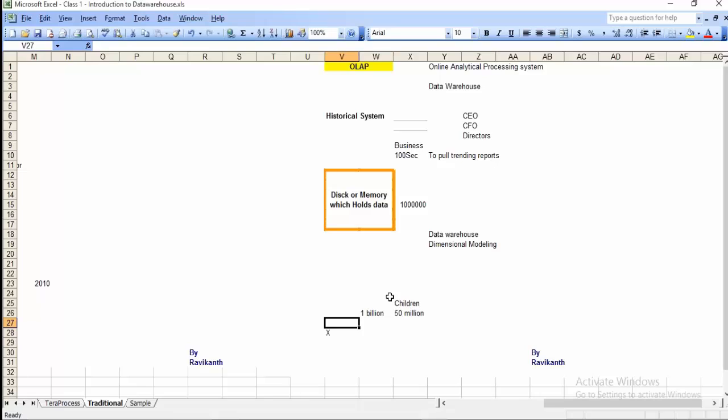If these children are becoming major after 2 years, let's assume, then these 50 million children are their future customers, right?